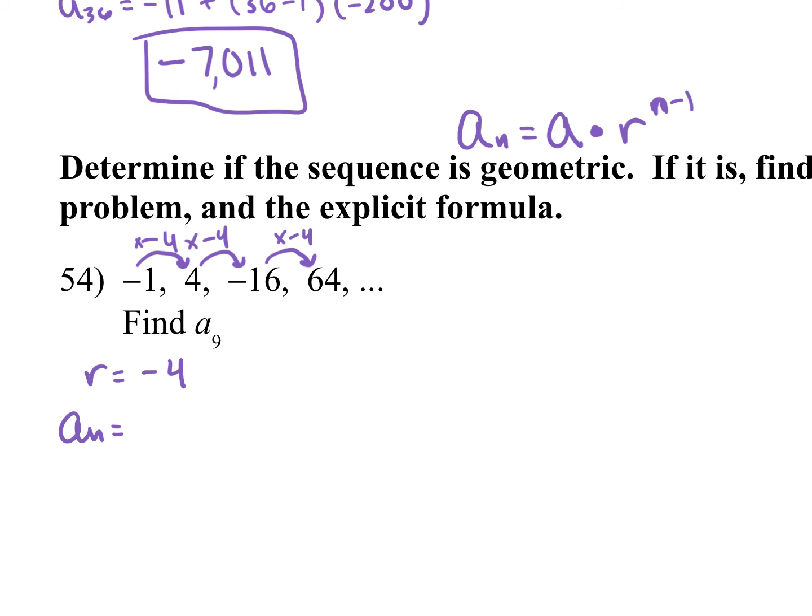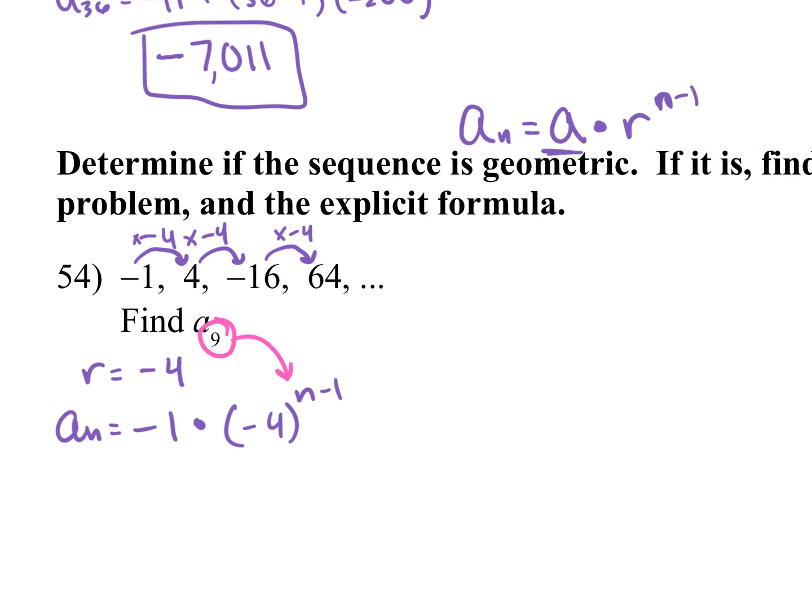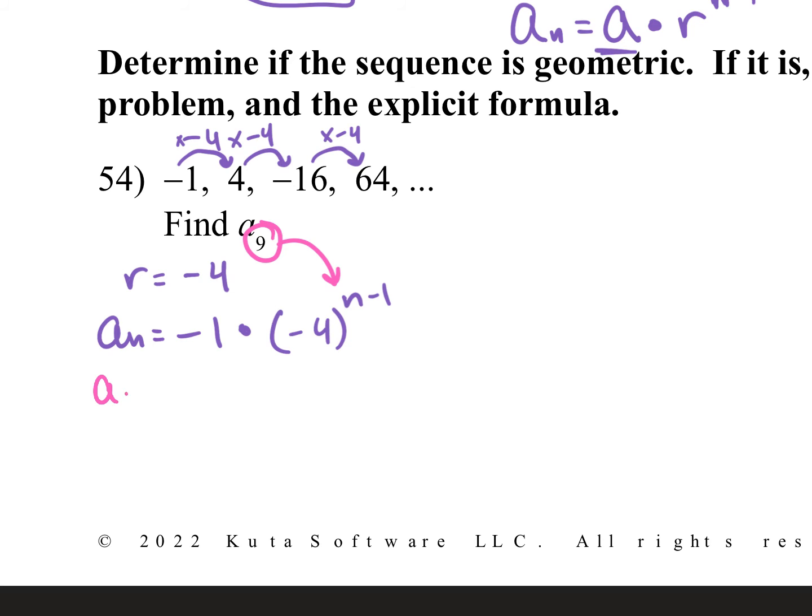A sub n is equal to, always start with the first term, so negative 1 times negative 4 to the power of n minus 1. And then here it asks us for the 9th term, so that's going to go into n. So I have a sub 9 is equal to negative 1 times negative 4 to the power of 9 minus 1.